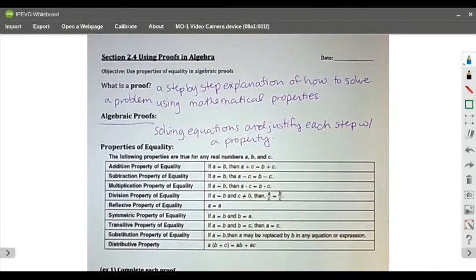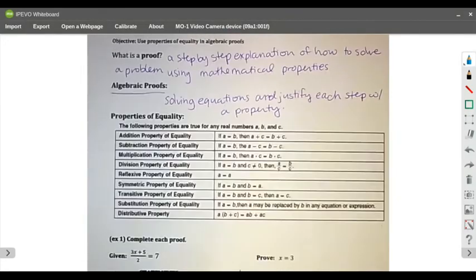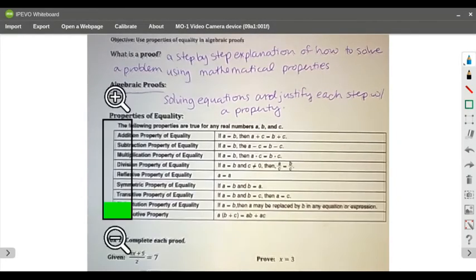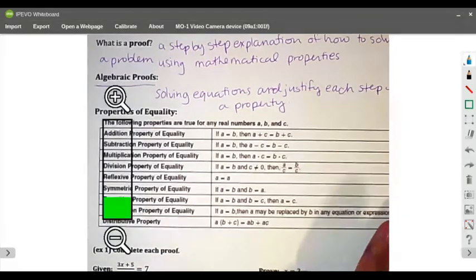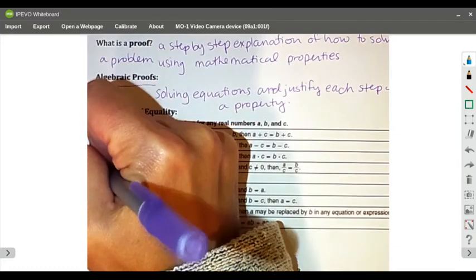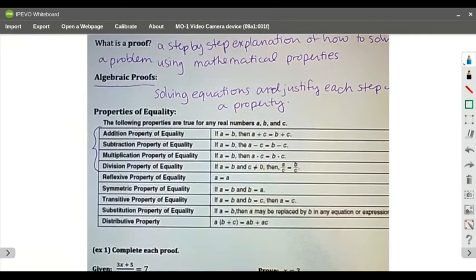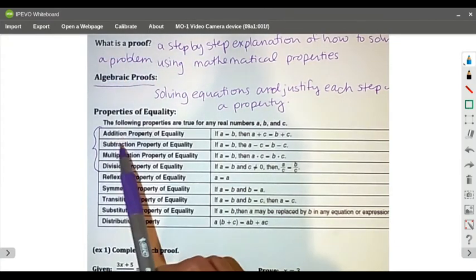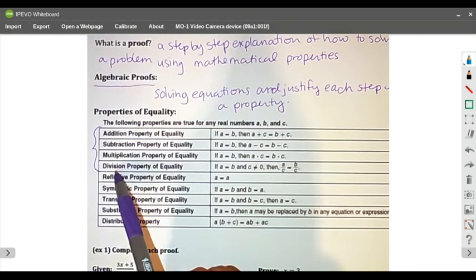Okay. So let's talk about the properties that we're going to use. These first four, let's zoom in a little bit more. These first four are properties of equality that you pretty much use anytime you solve any equation. It's when you add the same thing to both sides, subtract the same thing from both sides, multiply both sides by the same number, or divide both sides by the same number.